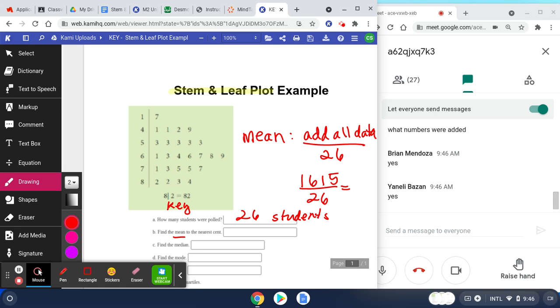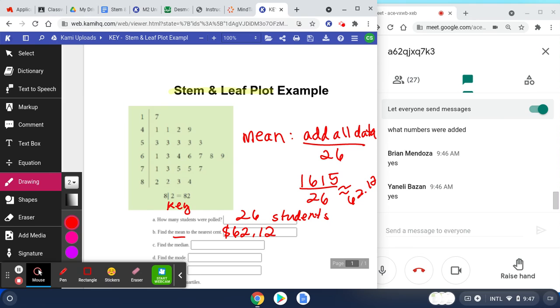All right. So now we take that 1615 and divide it by 26, and I'm getting a rounded answer. So I'm going to write the approximation symbol of 62.12. And it says to round the mean to the nearest cent.